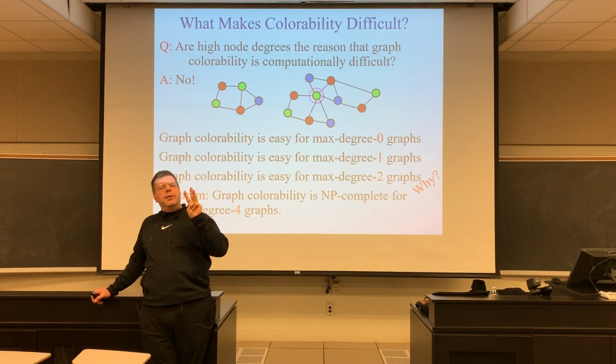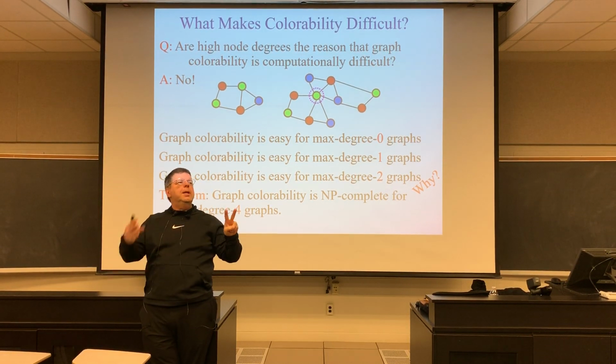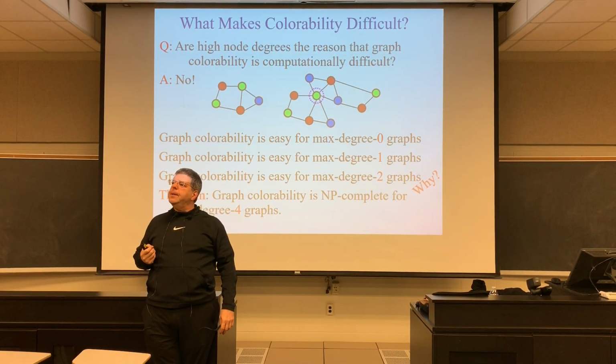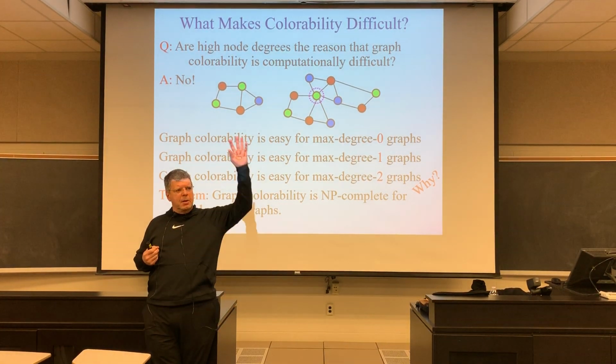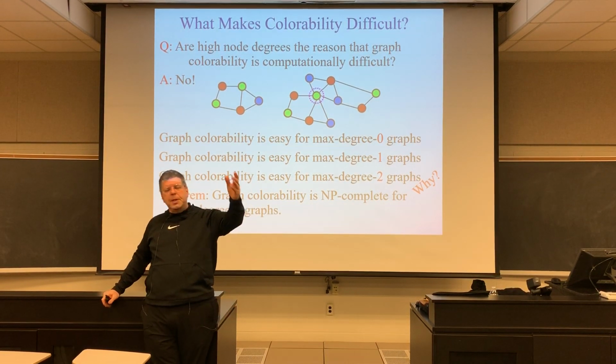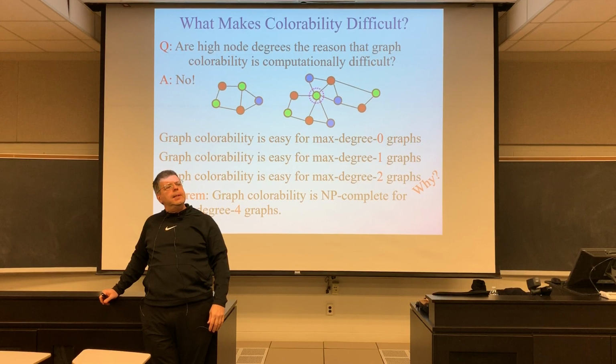So again, if a graph has max degree 2, is it 3 colorable? How many say, yeah, it's always 3 colorable? How many say, no, there are exceptions? Okay, so the majority said, yeah, it's 3 colorable. Why? What do graphs of max degree 2 look like?